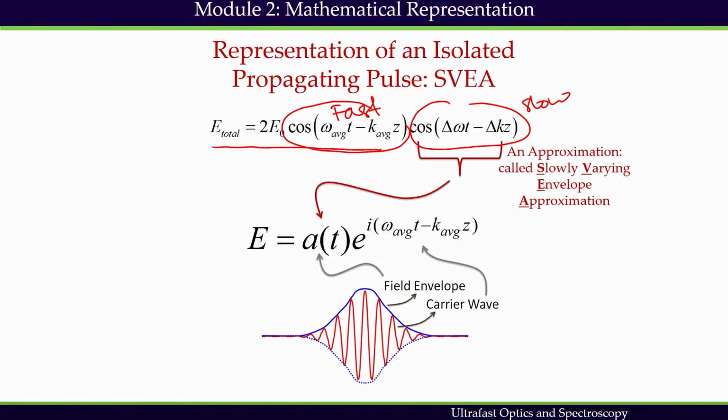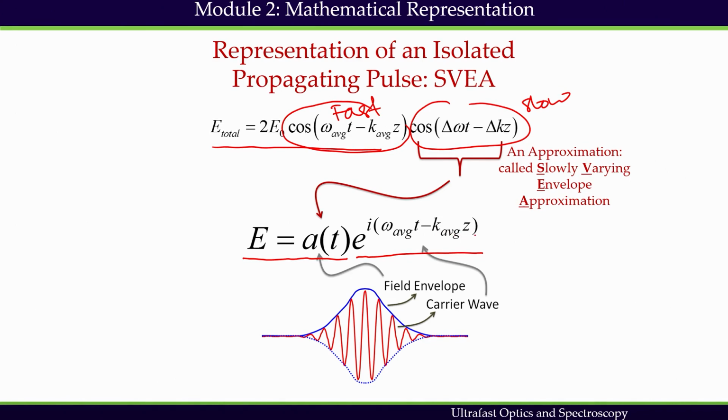But instead of using this complicated mathematical form obtained for an ultrafast pulse train produced due to interference of multiple frequency or color components, an isolated propagating pulse can be approximately represented as E equals A(t) multiplied by e to the power i(omega average t minus k average z).